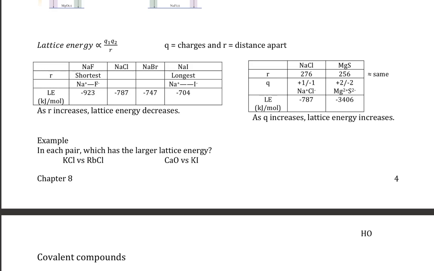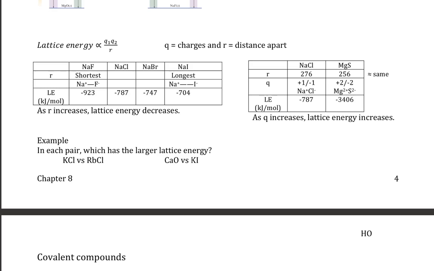Notice that the Q's are up in the numerator, so the bigger the charges, the greater the lattice energy, the greater the amount of energy given off when the cation and the anion come together. R is in the denominator, so the smaller it is, the bigger the lattice energy. The smaller it is, that means the closer the ions are to each other.